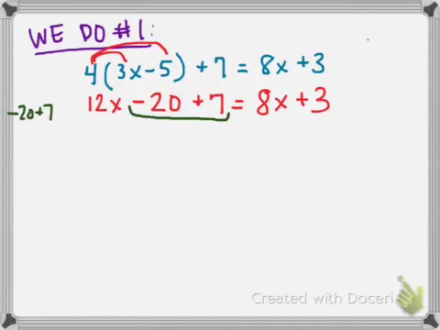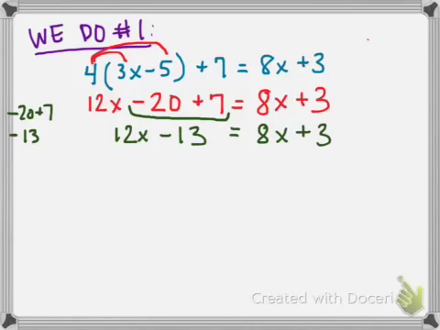So in my head I know 20 minus 7 is 13. Since this negative 20 has a greater absolute value, I keep the negative. So that's negative 13. When I write it, it's 12x minus 13, keep my equal sign, is equal to 8x plus 3. I bring everything down.